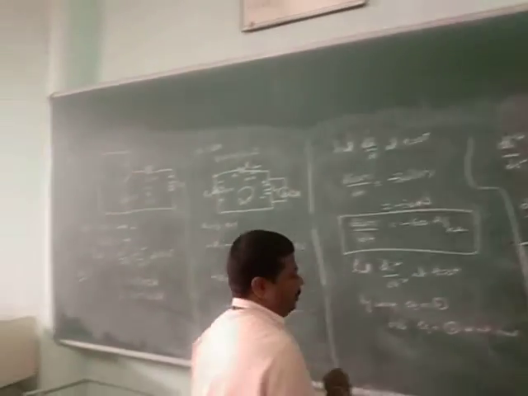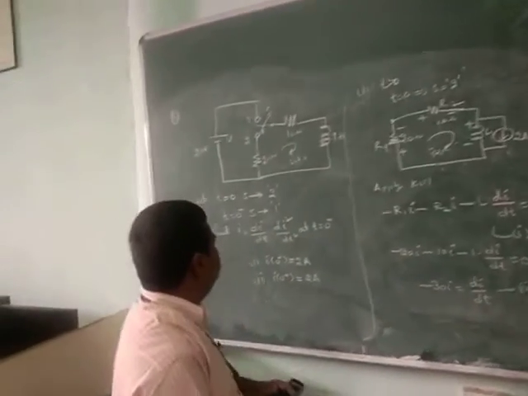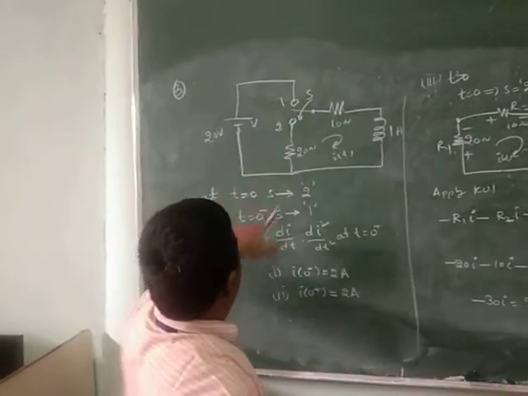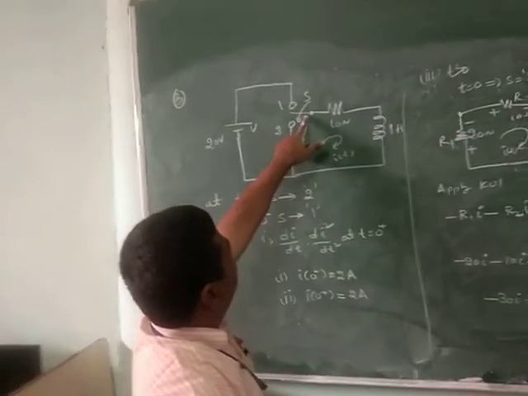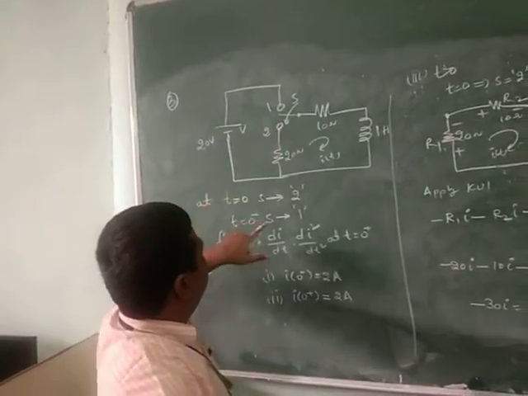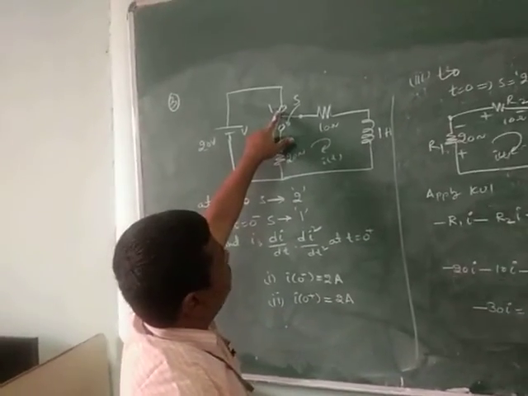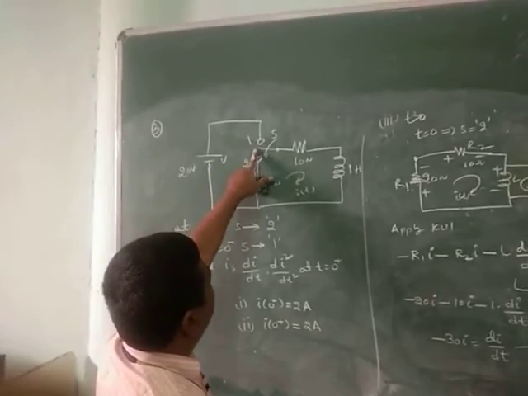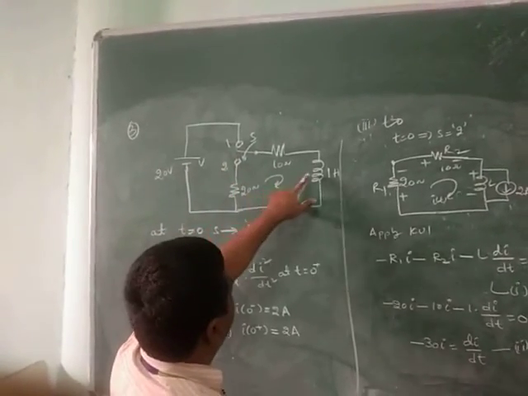Now coming to the conclusion, this is the given circuit. At t is equal to 0, the switch is connected to position 2. At t is equal to 0 minus, the switch is connected to position 1. When the switch is connected to position 1, the inductor tries to charge.